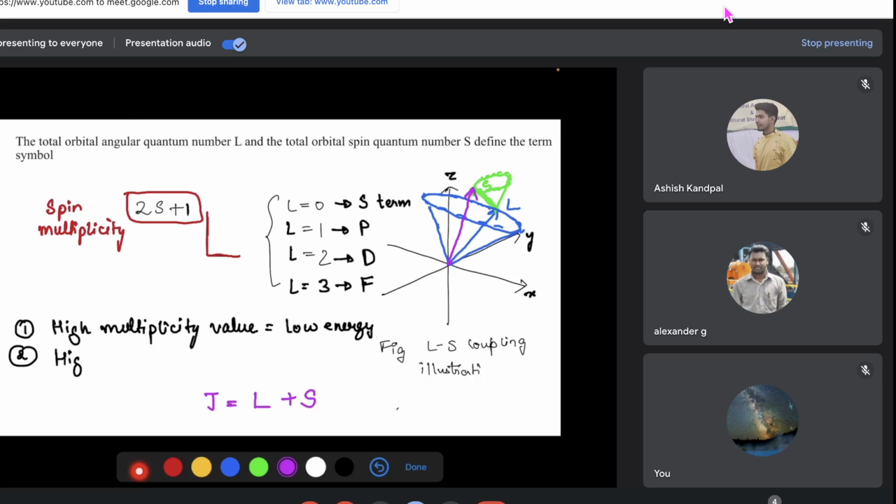And this is the total angular momentum, J. And this figure illustrates the LS coupling, okay? So J will be the cone corresponding to J, something like this.